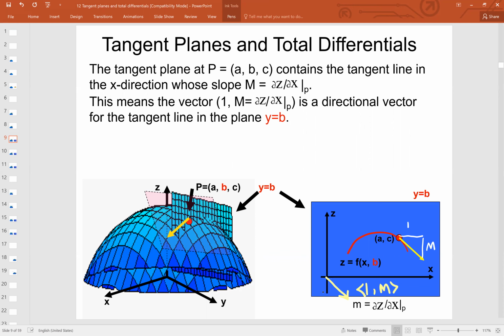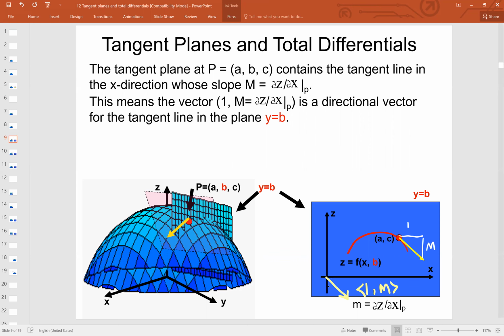If I were to put these directional vectors into three-dimensional space, in the standard position, then the y components will be 0. In other words, the directional vector in three dimensions is the vector 1, 0, m.